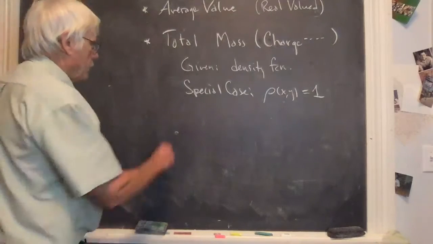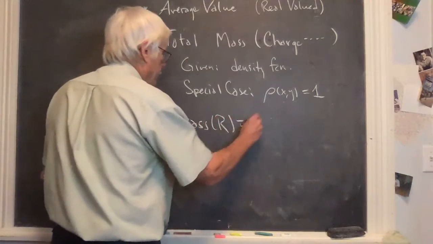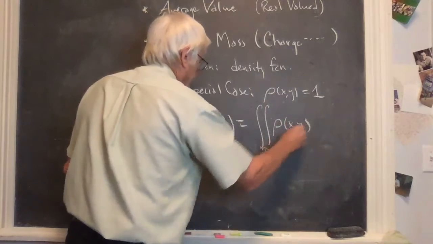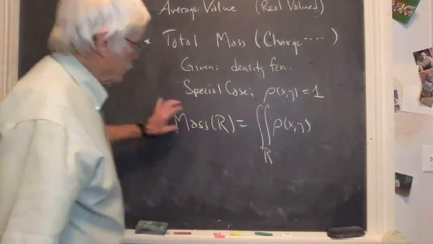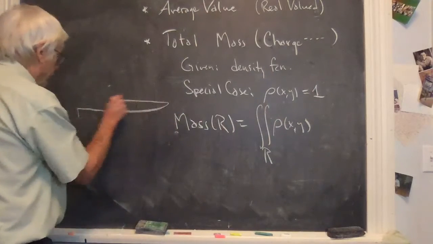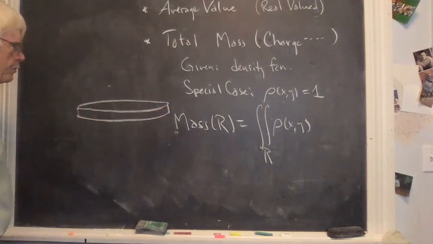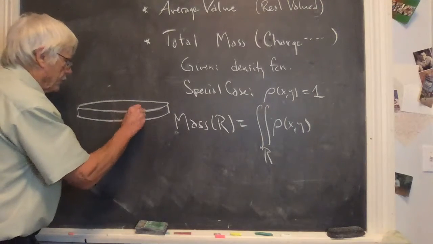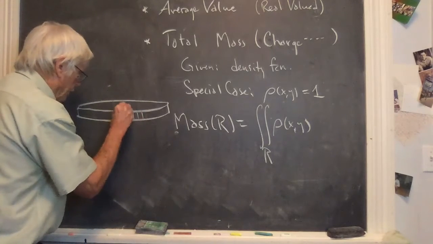Okay, so the total mass of R is then the integral over R of the density function. And since this is a double integral and plates sort of don't have mass since they're infinitely thin, we're going to be thinking about a plate that has equal thickness in all of these cross sections from top to bottom.